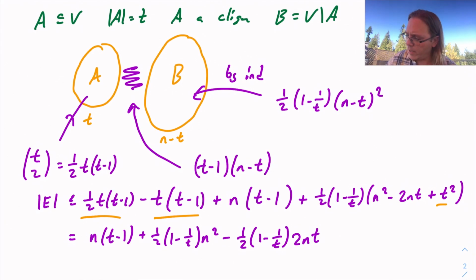All I've done here is cancel my orange terms, so I get an n times t minus 1, and then I've hopefully applied the distributive rule properly there at the end.